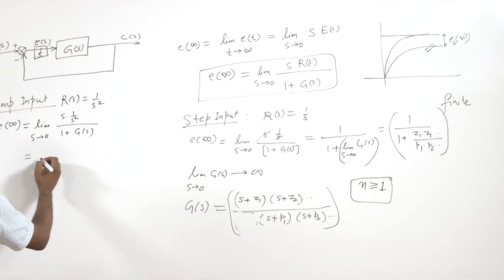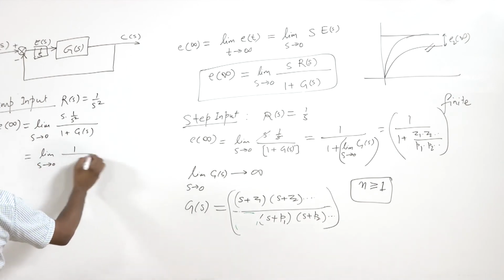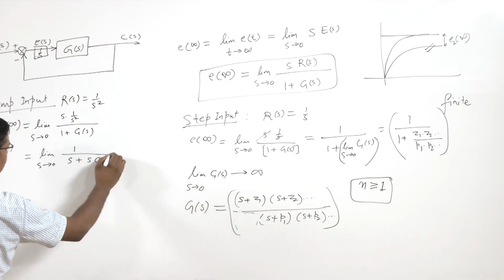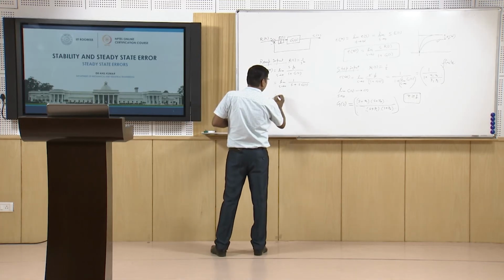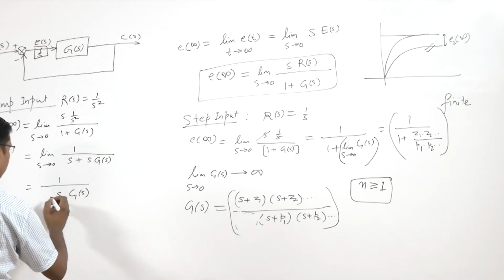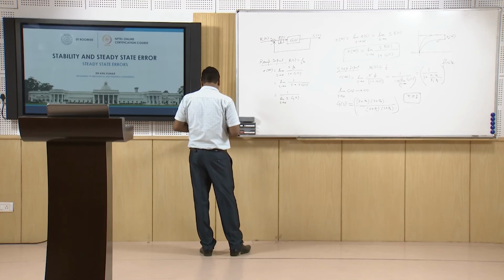So we will get limit s tends to 0 of 1 over s plus sG(s), which equals 1 over the limit s tends to 0 of sG(s), because the s term will be 0, and so we shift the limit to sG(s).